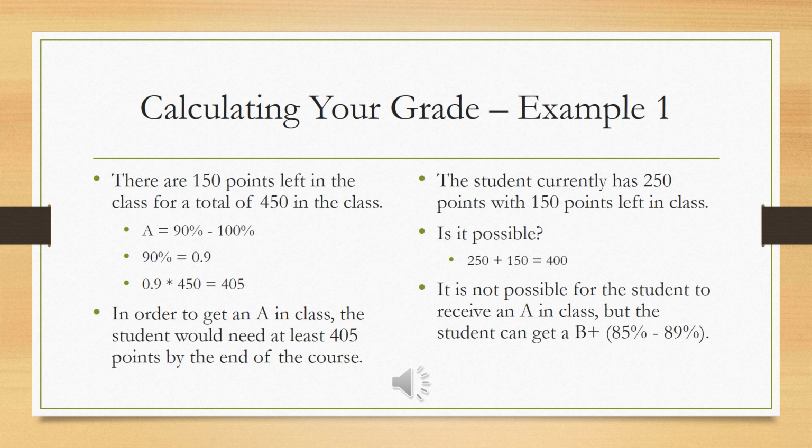The student currently has 250 points and there's 150 left. So when we add 250 plus the 150, the highest number of points that the student could get is 400. So it's not possible for the student to receive an A in the class, but they could get a B+.